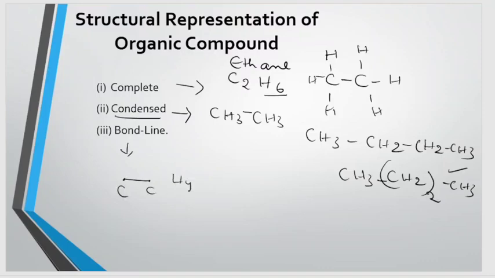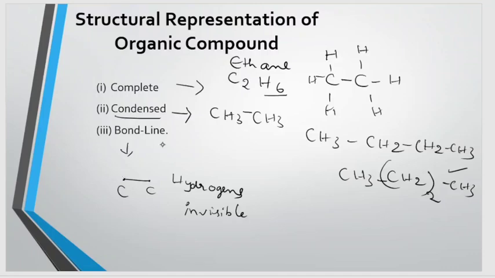And of course the hydrogen atoms are invisible here. We don't write hydrogens, as we know already the carbon can form four bonds. When it is forming one bond with the other carbon atom, definitely the other three must be with hydrogens. That's what this bond line structural representation is all about.